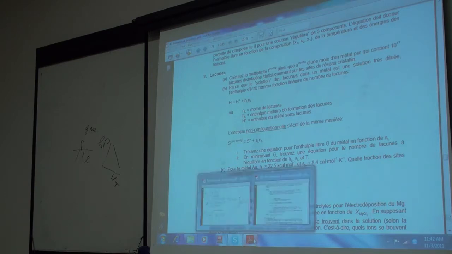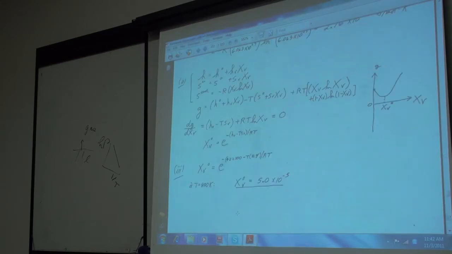So you just go back into the formula here, and I let the enthalpy be 22,500. The entropy is 8.4, and at 800 Kelvin you get 5 times 10 to the minus fifth. If you went up to 1,000 Kelvin, you'd be at less than 10 to the minus fifth, so you get more and more vacancies.